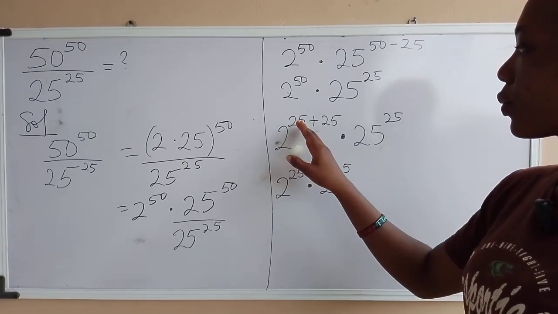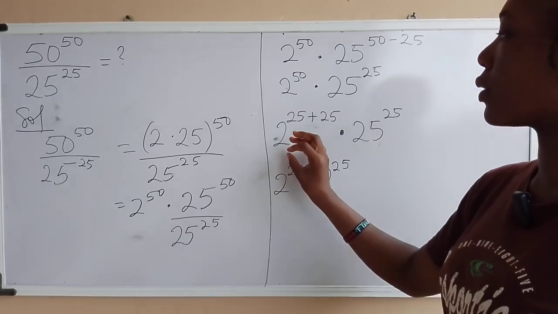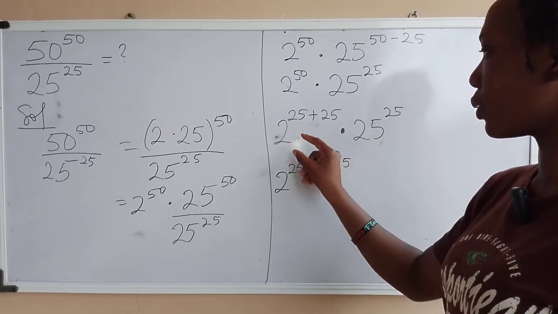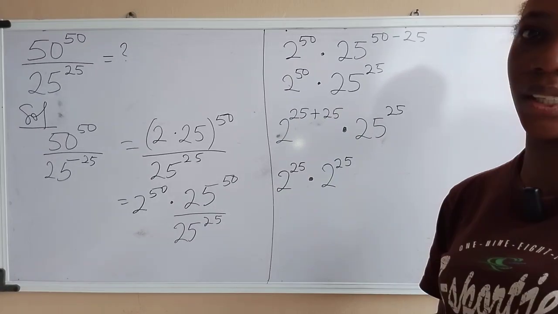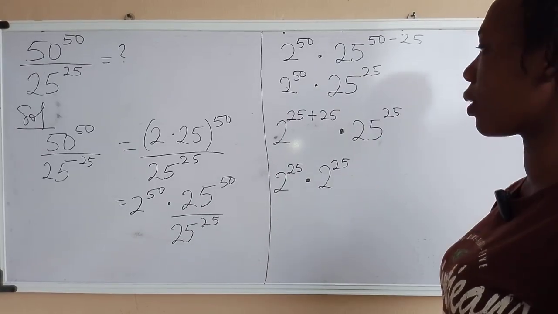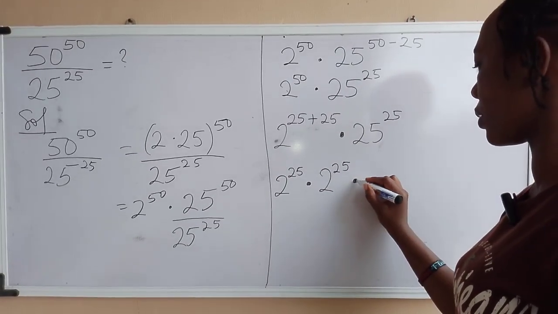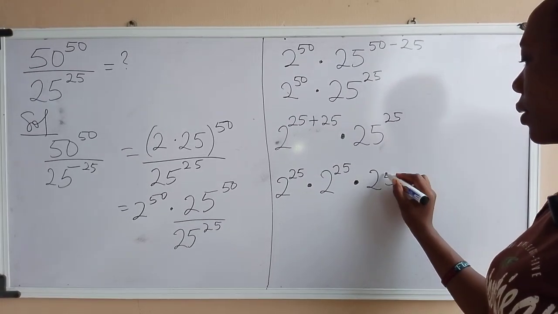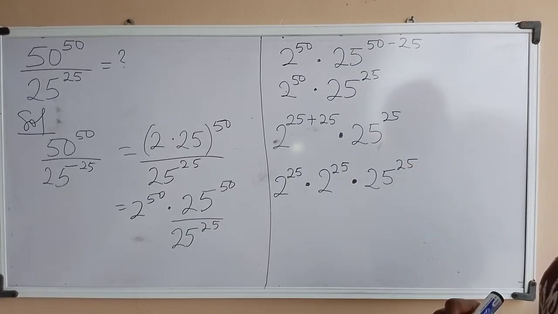This 2 carrying 25 plus 25 means 2 is lifting up this. 2 is also lifting up this one. 2 is also raised to the power of 25, dot 25 to the power of 25.